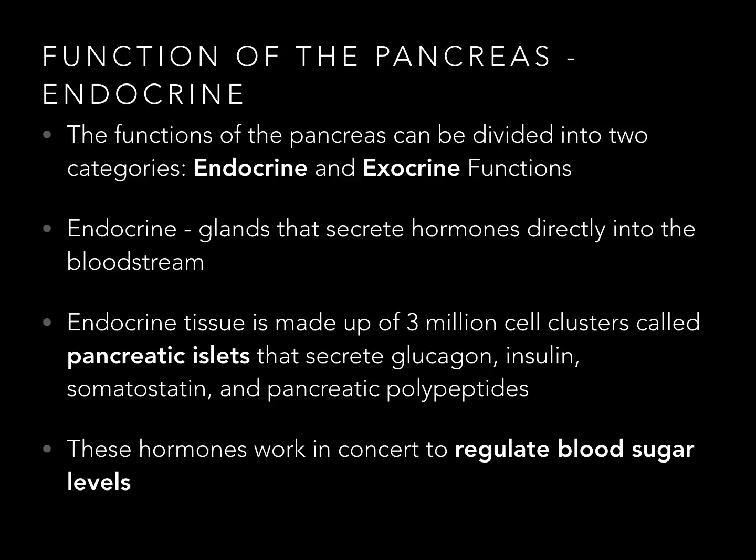The endocrine tissue of the pancreas is made up of approximately 3 million cell clusters called pancreatic islets that secrete glucagon, insulin, somatostatin, and pancreatic polypeptide into the blood. These hormones work in concert to regulate blood sugar level. Problems with the endocrine pancreas are associated with diabetes and lead to eye, nerve, and kidney disease.